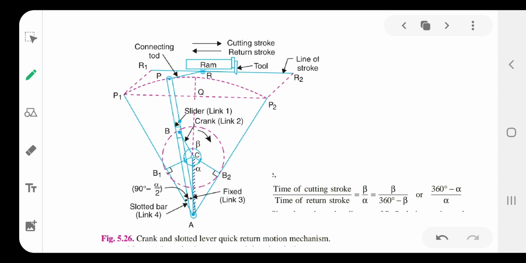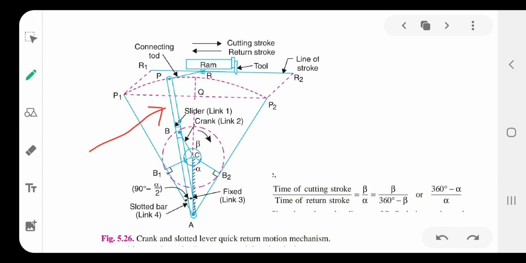As the crank moves from B1 to B point, the slotted bar is in this position because of this movement of the slider. The slider moves freely in the slotted bar, and due to that movement the slotted bar moves from this point to this point, okay. This is the slotted bar movement.